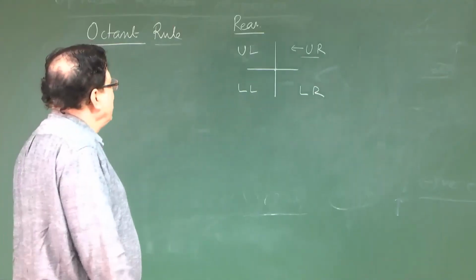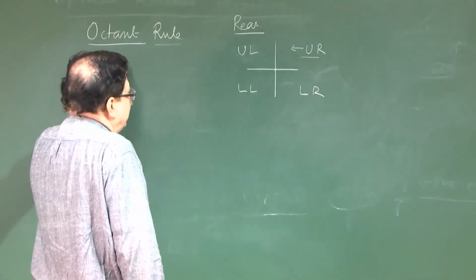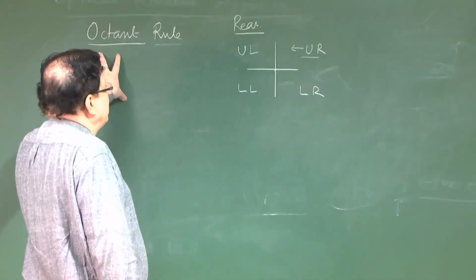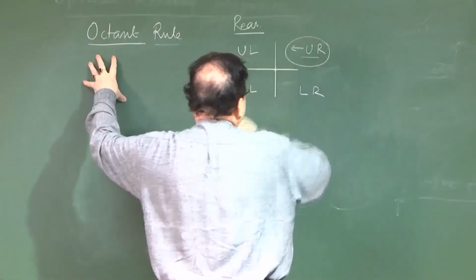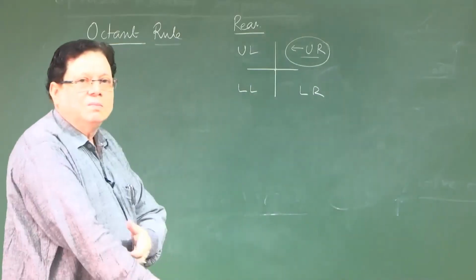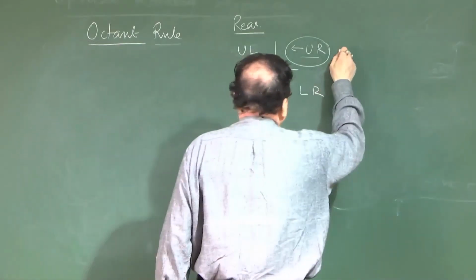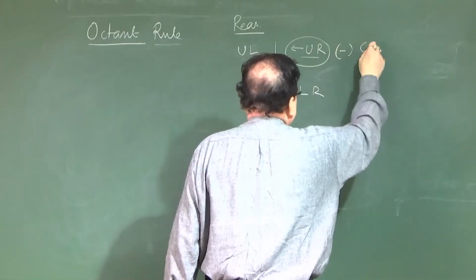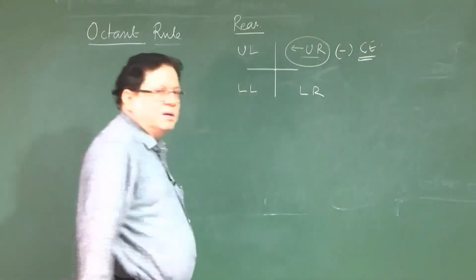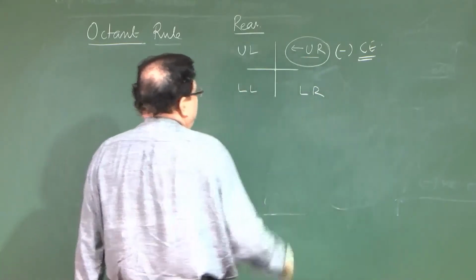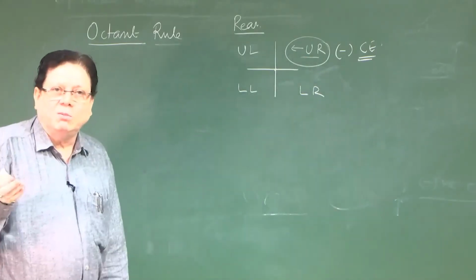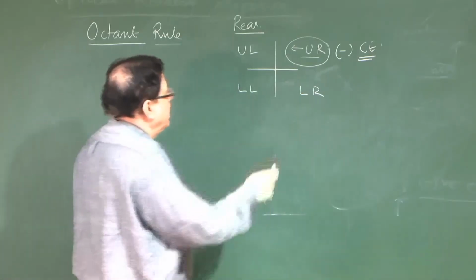Now, the octant rule says that if the substituents are occupying the upper right of the rear octants, then those substituents contribute in a negative fashion to the sign of the Cotton effect. Remember, we are talking only about the rear octants.